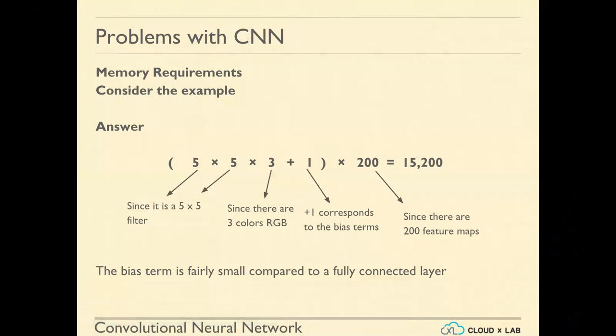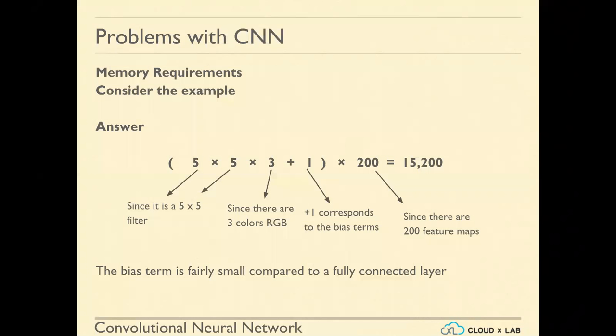So the total number of weights are 5 into 5 into 3 into 200. Pratik, you're missing the 3. And hence the total number of weights that we need to keep in memory will be this much per layer.